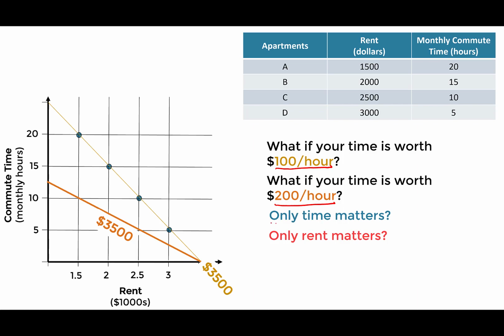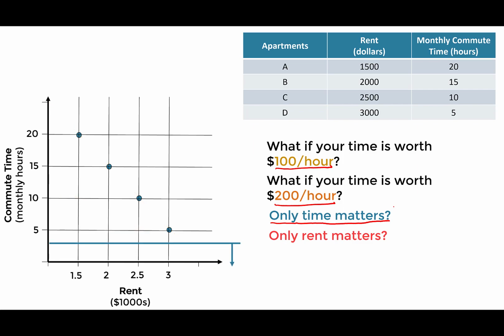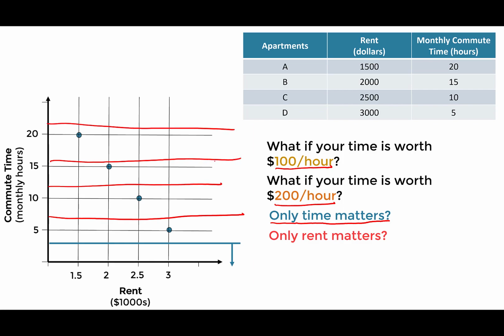At an extreme of value, time is the only thing that matters. And so if you were to draw the ISO preference line when only time mattered, it would be horizontal. All of our ISO preference lines when only time mattered might look like this, moving up, and anything lower would be better.